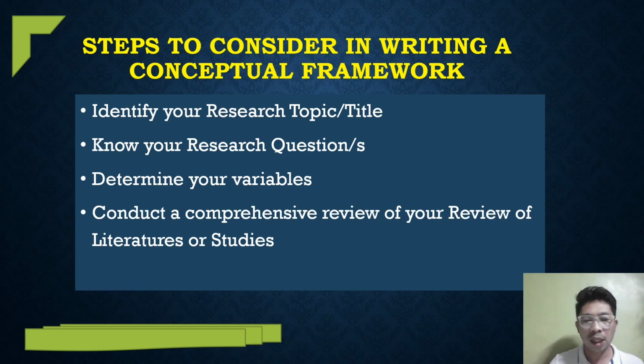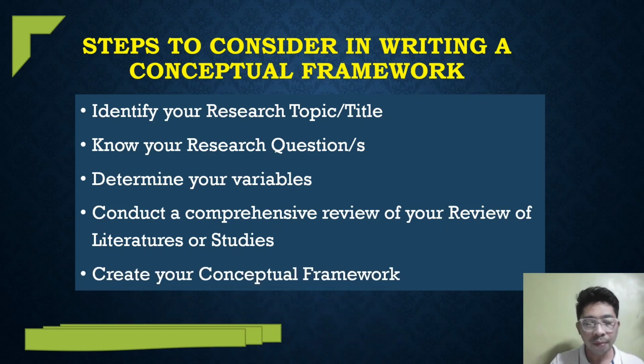Take note that from our readings of the review of literatures, we can capture some important ideas and other variables that would help us in developing a nice and comprehensive conceptual framework. And now, it's your time to create your conceptual framework.